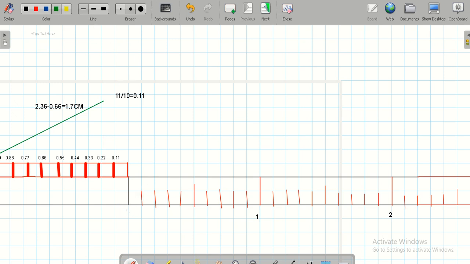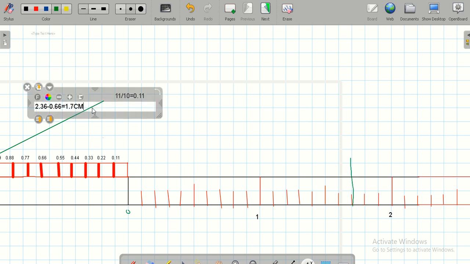From 0 you have measured 1.7. To get 2.36, what more is needed? The more value I need is 0.66.